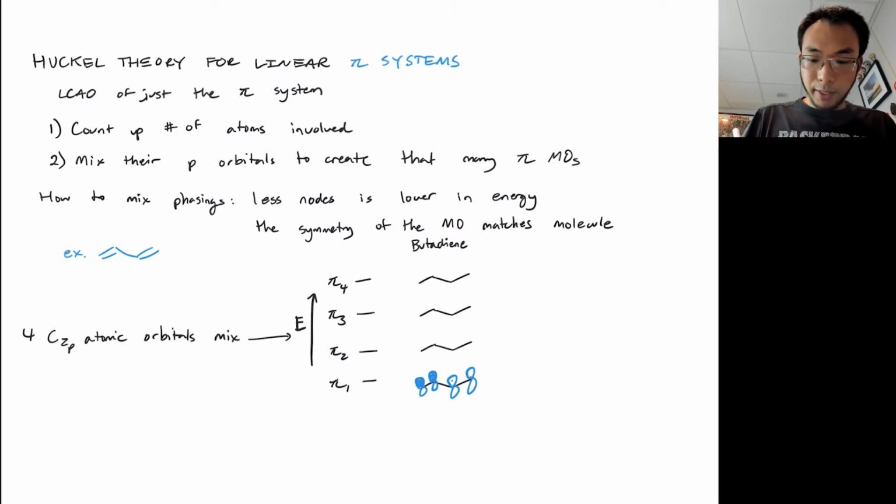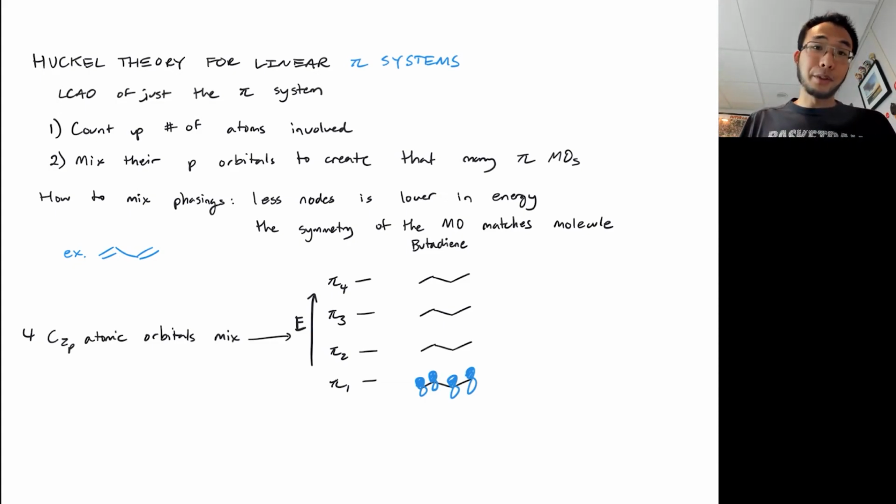That means I would fill it in like so, because that maximizes the amount of interaction that is constructive between the different atomic orbitals. And so what that means is that I would view this as having only the planar node going across the molecule here, and really people just ignore that and say that this has 0 nodes between the p orbitals.